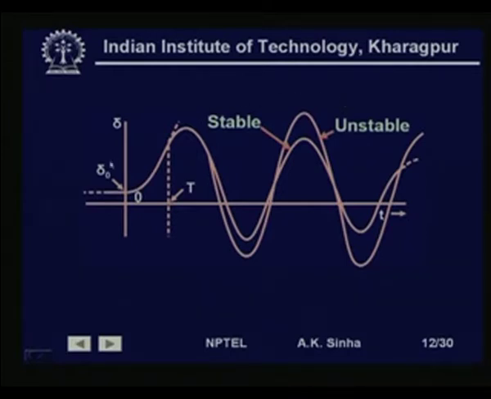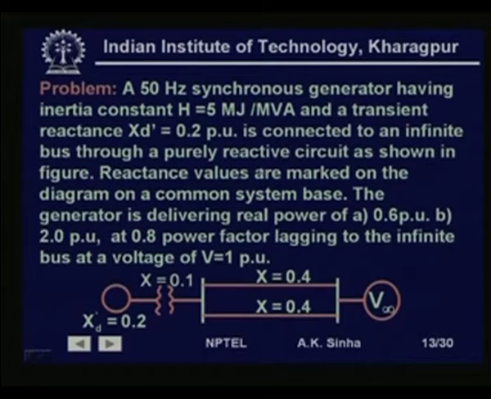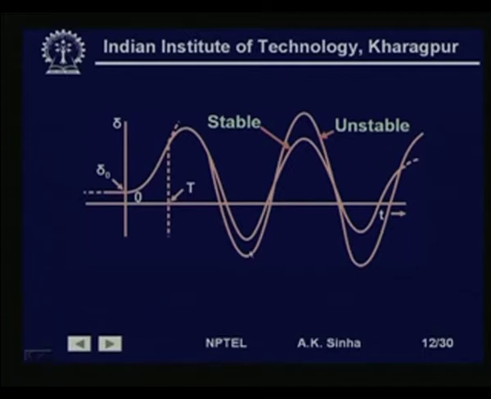But if the value of D, the synchronizing damping coefficient, is negative, then we go through this second curve where we find that these oscillations are gradually building up, and the system will finally lose synchronism, because delta angle will keep on going higher and higher, and after some time it will be a runaway situation.